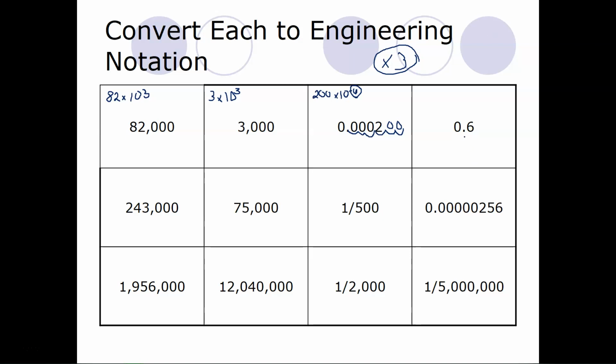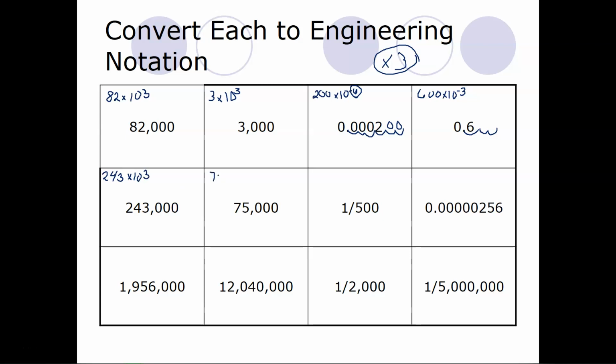So for 0.6, again, we got to move by that multiple of 3. This one should have been 600 times 10 to the negative 3. This one would have been 243 times 10 to the third.